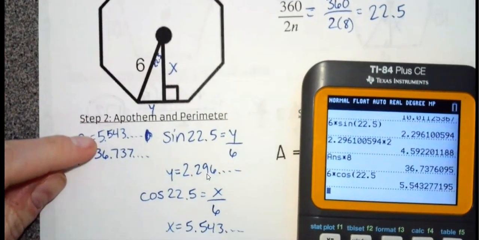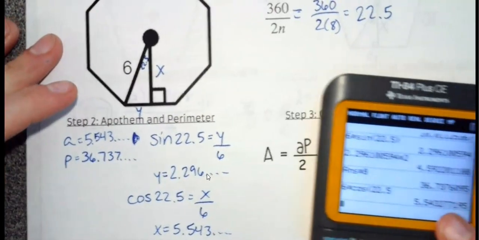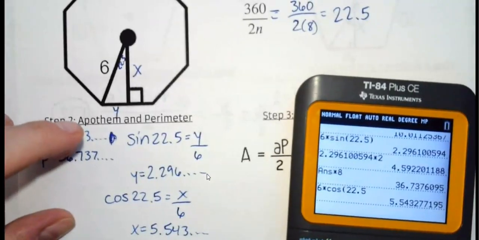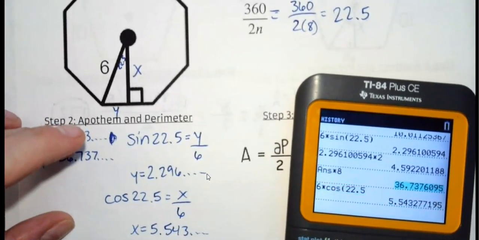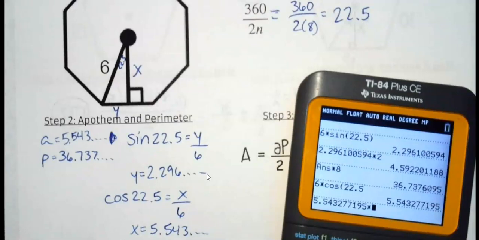All right, so this one's kind of annoying because there are two unrounded numbers that you have to go grab up in your calculator. But if you do it like this, they're just these two numbers right here. So you can find the apothem, which is this, and multiply it by the perimeter.